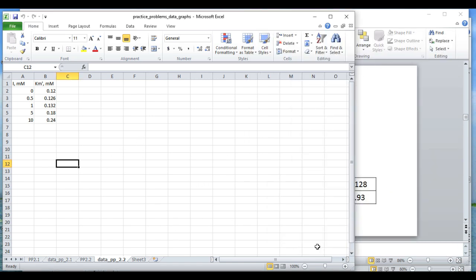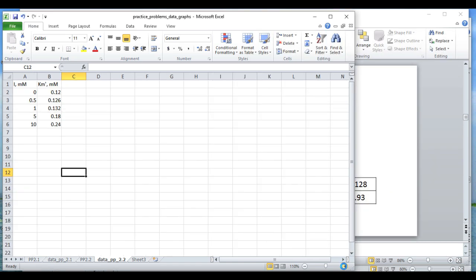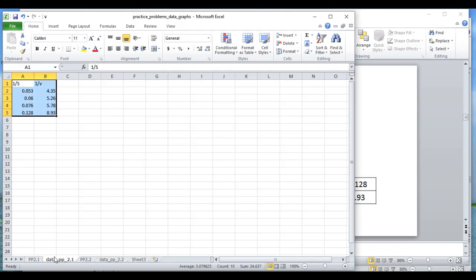Right. Let me go to the problem. Yes. We have 1 by s, the values in this column, and 1 by v, the values in this column.